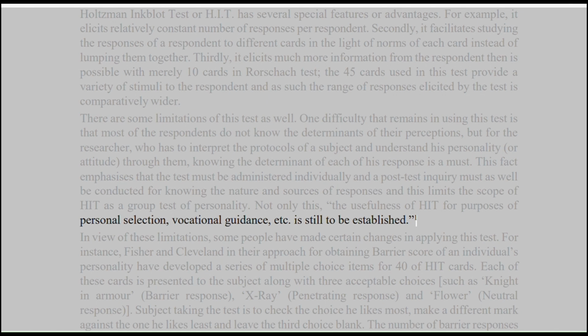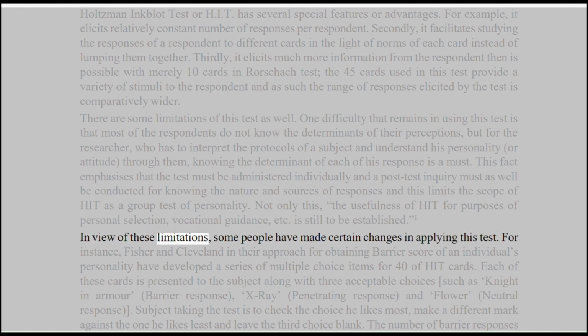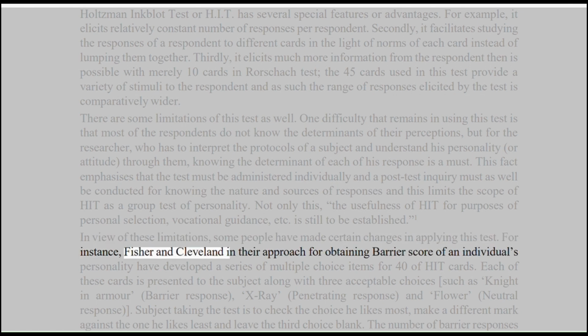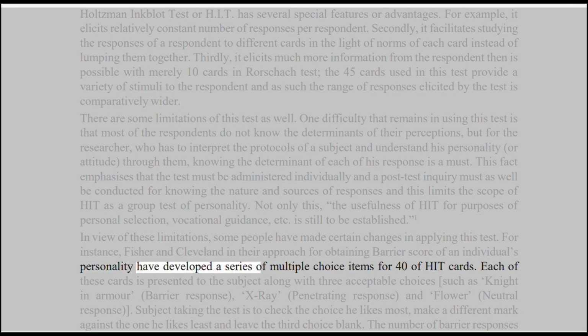In view of these limitations, some people have made certain changes in applying this test. For instance, Fisher and Cleveland, in their approach for obtaining the barrier score of an individual's personality, have developed a series of multiple choice items for 40 of the HIT cards.